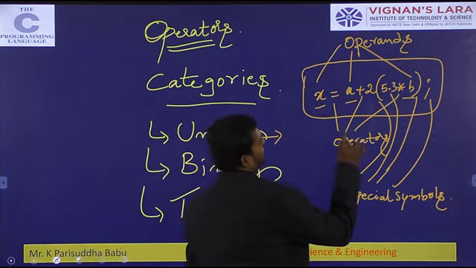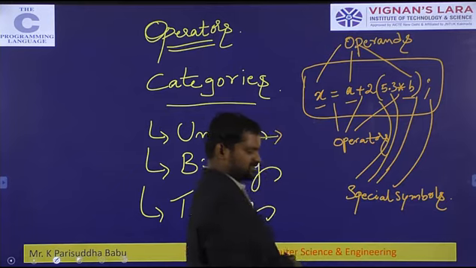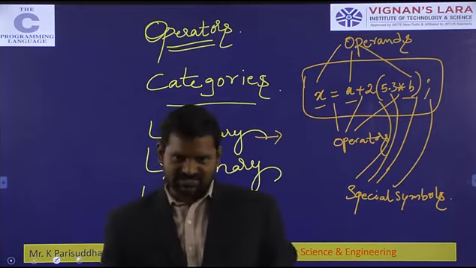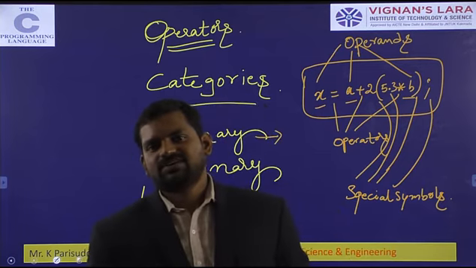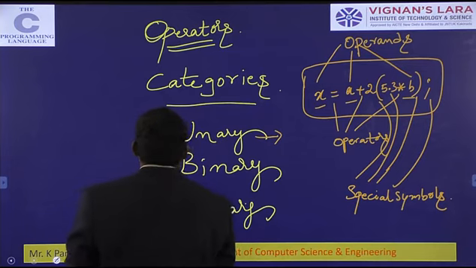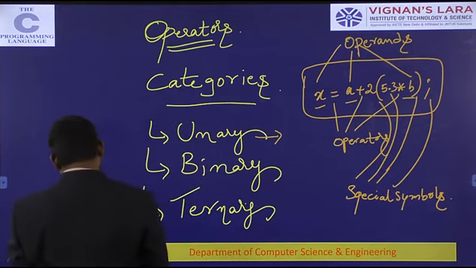So an expression may contain operators, operands, and special symbols. Clear? Now we have to see the operators and the categories of operators.